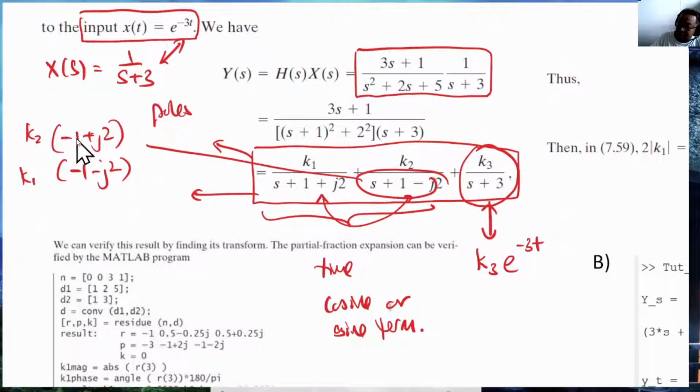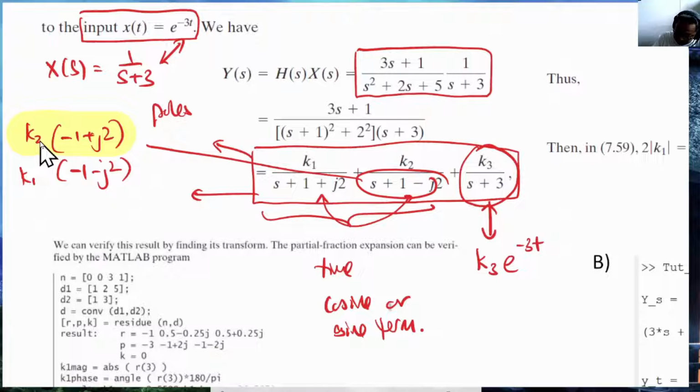Minus 1 is sitting on the real line at the negative side, and plus j2 is on top, where this is minus j2. I'm going to ask you to remember that when you identify a complex conjugate pair, always look at the positive j2 expression with k2.